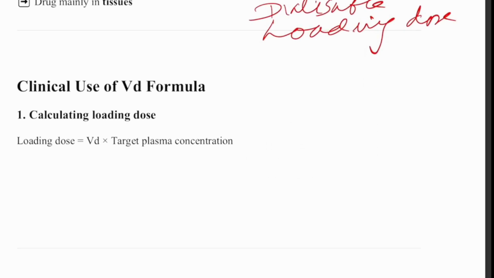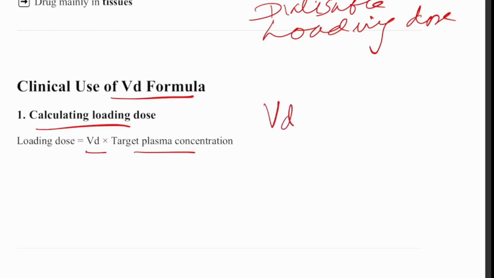So what is the clinical usefulness of the Vd formula? One is for calculating the loading dose. So loading dose is volume of distribution into target plasma concentration.